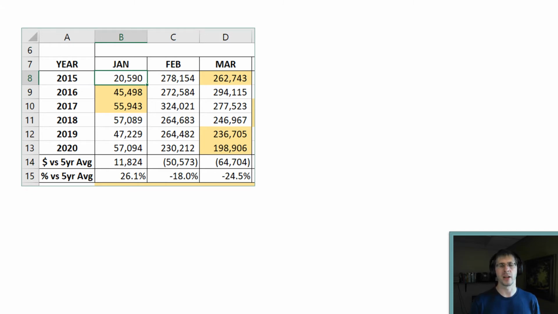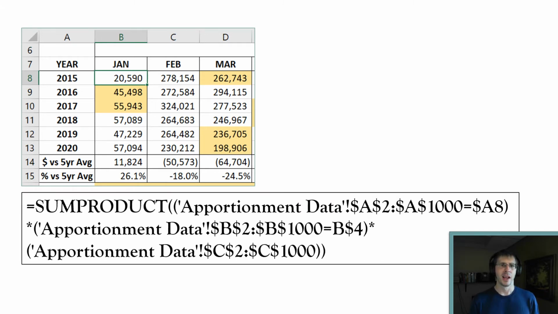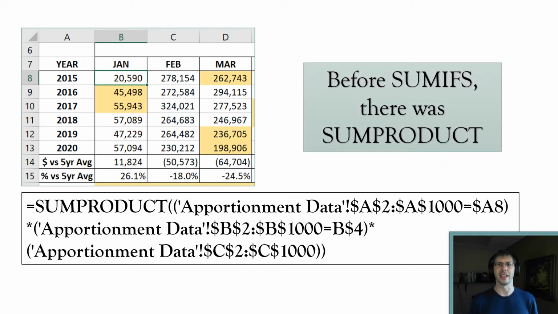You could only sum based on one criteria, so you'd have to use a function like this. SumProduct, this was not the intended purpose, but I got used to using that. And actually, I didn't realize that SumIFS was introduced until almost a decade later. I think it came out in 2007, where you can actually sum based on multiple criteria. But anyway, I was still using SumProduct at that time.